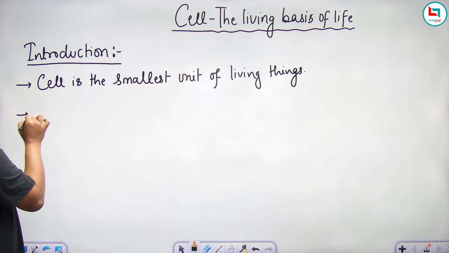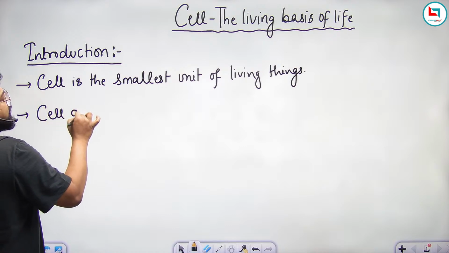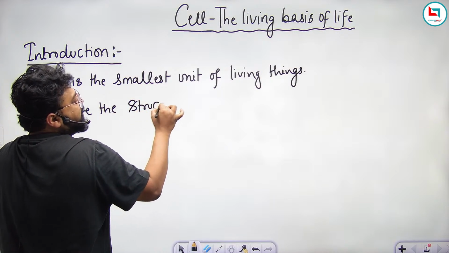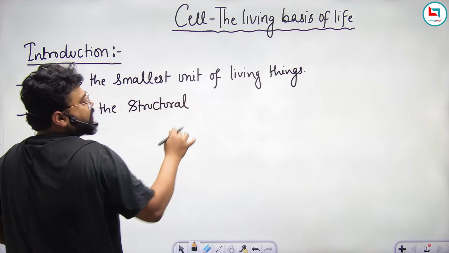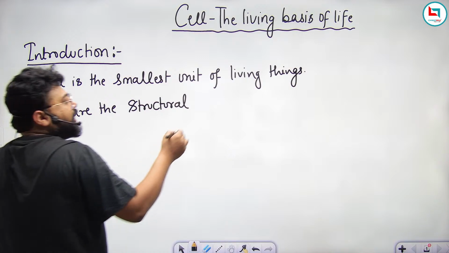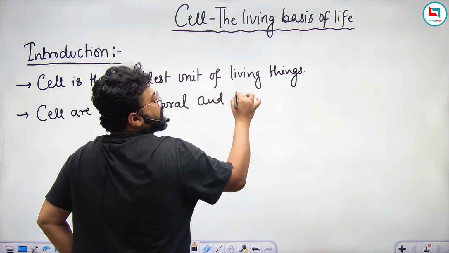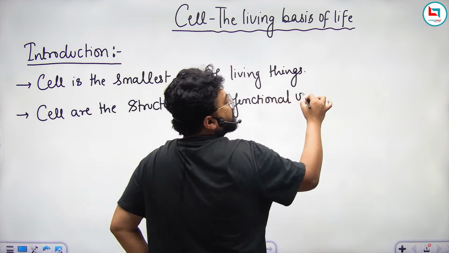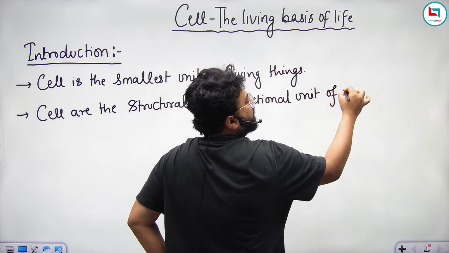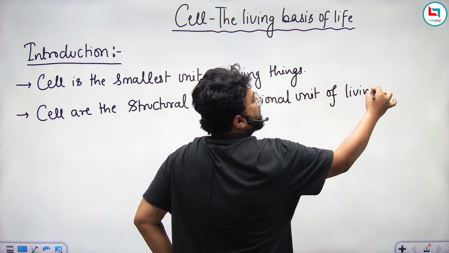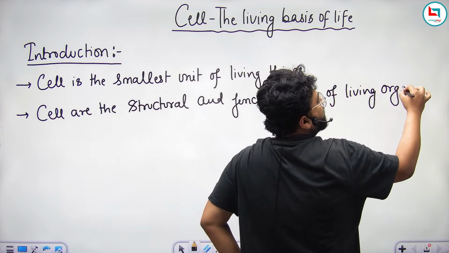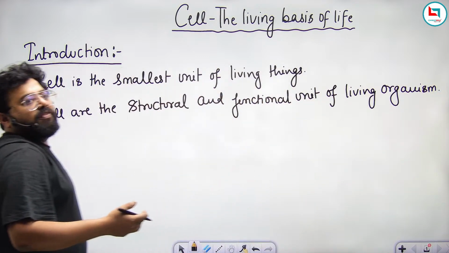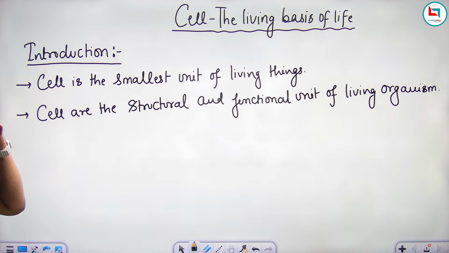These cells are the structural, meaning they form the structure or the whole body of a living organism, and also functional unit of a living organism. Plus they perform some kind of function due to which a living being can sustain its life.